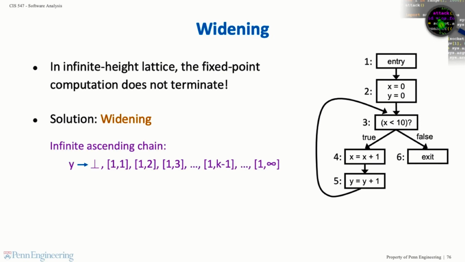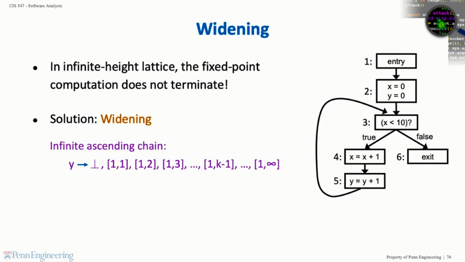Recall the previous example. At the exit of node 5, the abstract values of y across the analysis iterations were bottom, the interval 1 to 1, the interval 1 to 2, the interval 1 to 3, etc. In other words, they form an ascending chain, which means that in every iteration, the computed range is a higher element in the lattice.